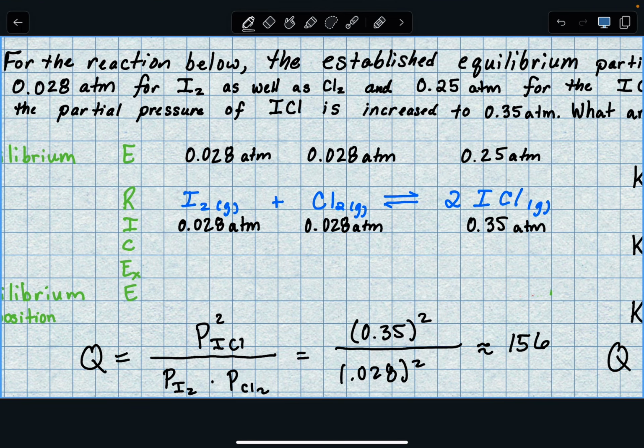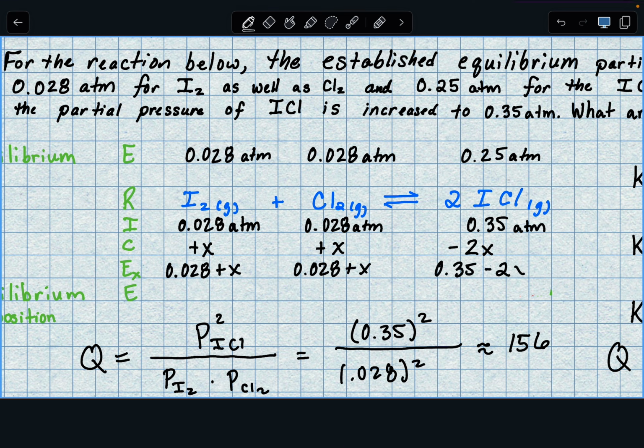So we're going to say it's going to lose twice as much of that and gain our reactants in a 1-to-1 mole ratio. So then our 0.028 is going to be plus X, where a lot of times it's minus, 0.028 plus X, and then 0.35 minus 2X. And I'll come back to put the final values in for the equilibrium amounts right here in atm, but that's going to be at the end of the problem.